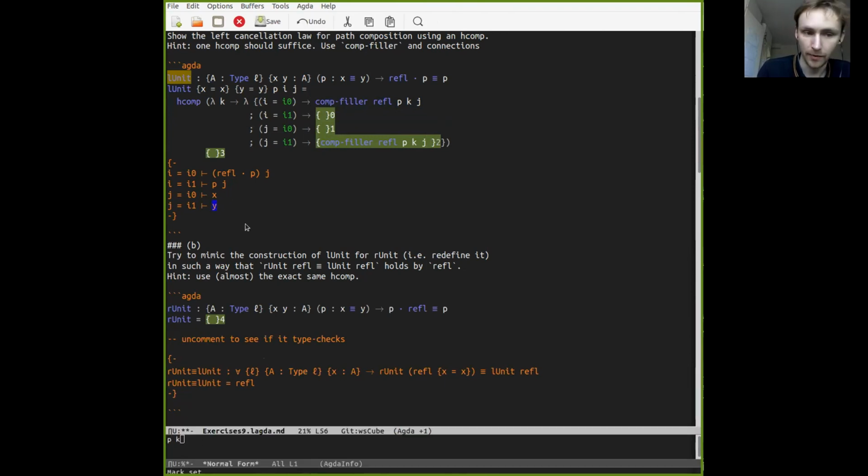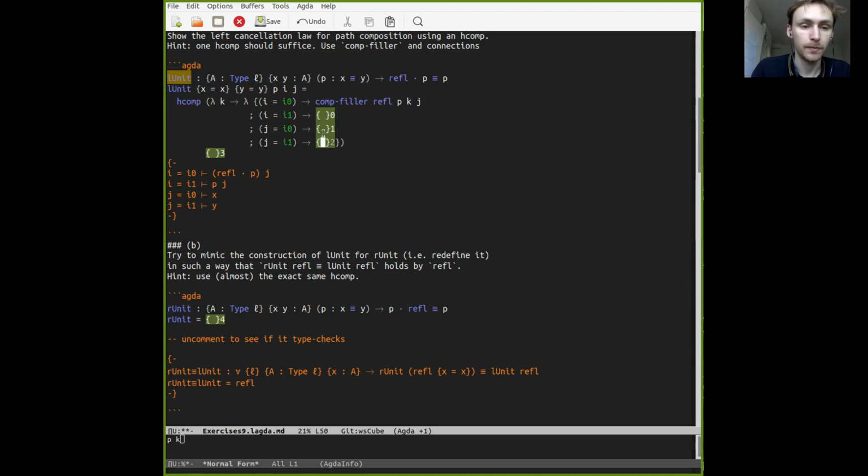Here we have Y. When K is equal to 1, our term we plug in here has to be equal to Y. But the term we plug in here depends on I and K. So now the boundary condition is when K is equal to I1, this has to be literally Y. But because this has to respect whatever we put in here, when I is equal to I0, this has to be literally the same as this guy, and this guy is just PK.